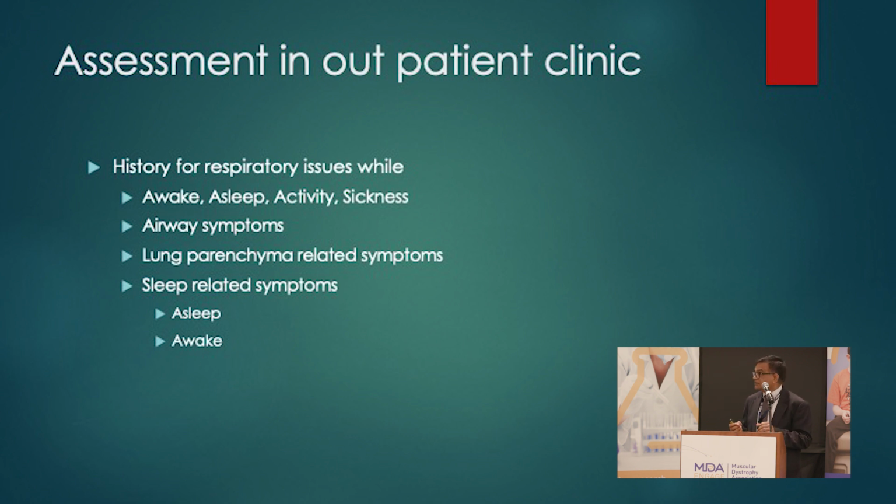So you have to ask whether the symptoms come from the airway, such as cough, wheezing, tightness in breath, or may be related to lung parenchyma, such as shortness of breath and low oxygen. But you need to ask during awake, during asleep, with activity, and with sickness. That will give you the most comprehensive description of the respiratory symptoms and also what provokes those respiratory symptoms.